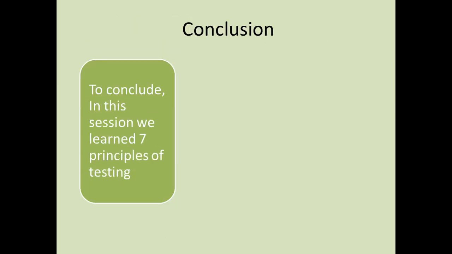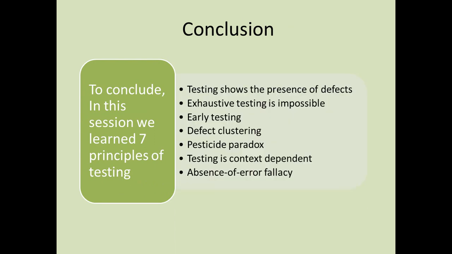So to conclude, in this session we learned the 7 principles of testing and understood in detail what they mean. Testing shows the presence of defects. It does not show that there are no defects in the software. Exhaustive testing is impossible. You cannot test all the input combinations of the software. Early testing means you start your software testing activities as early as possible in the software development lifecycle.